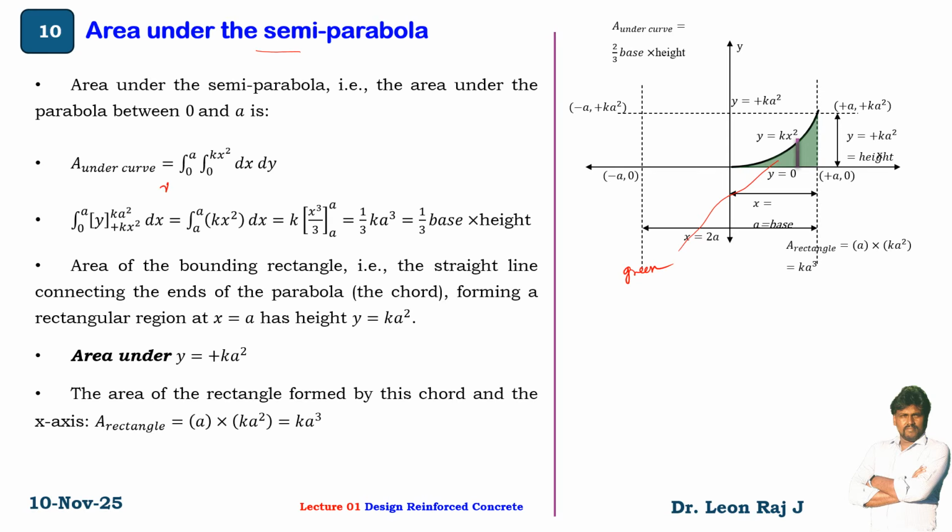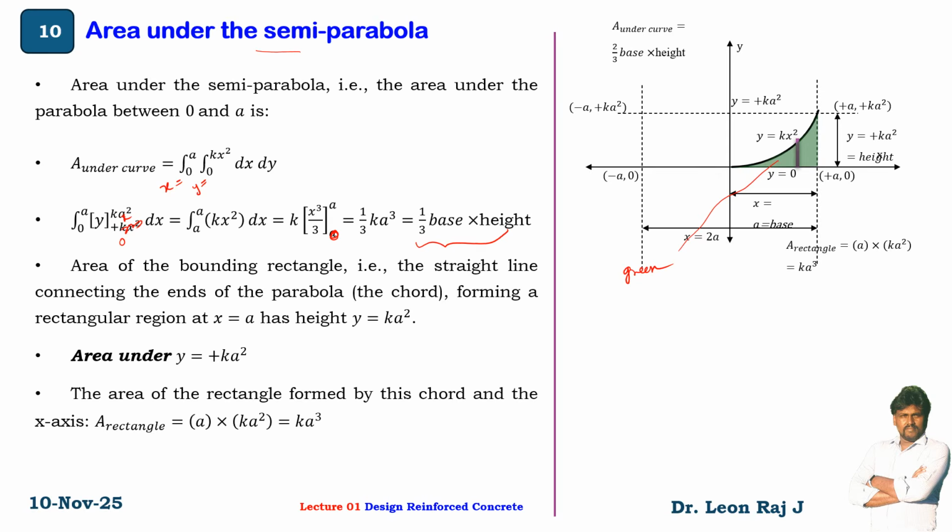In other words, for the detailed calculation, x equal to 0, y equal to 0 to k x square, and you will get 1 by 3 base into height, that is 1 by 3 k a cube.